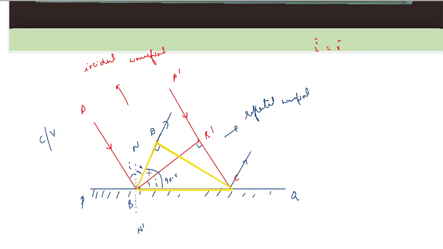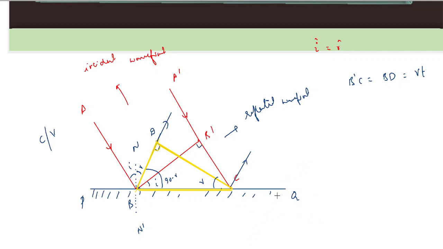This angle here is 90, and this angle here is 90 minus r, so this should be r. And also the distance B dash C is the same as BD. That is the same as vt, because by the time the point B dash comes to point C, the point B has gone to point D.